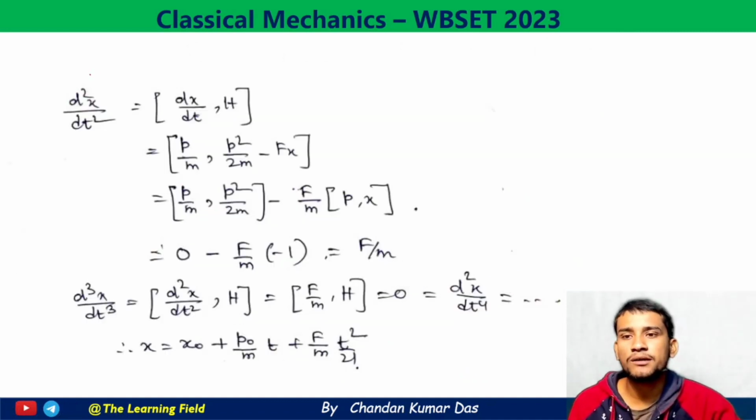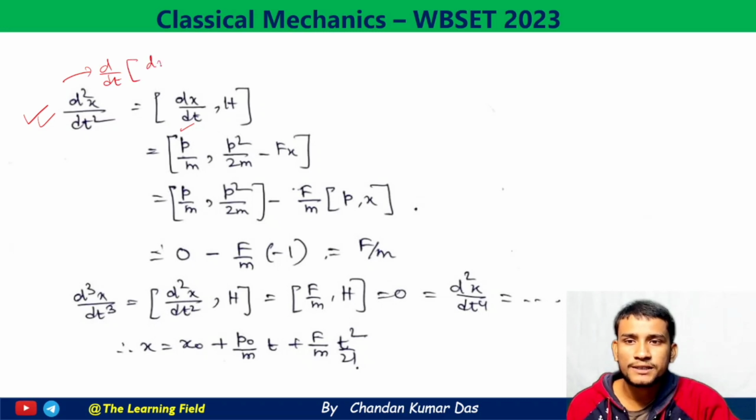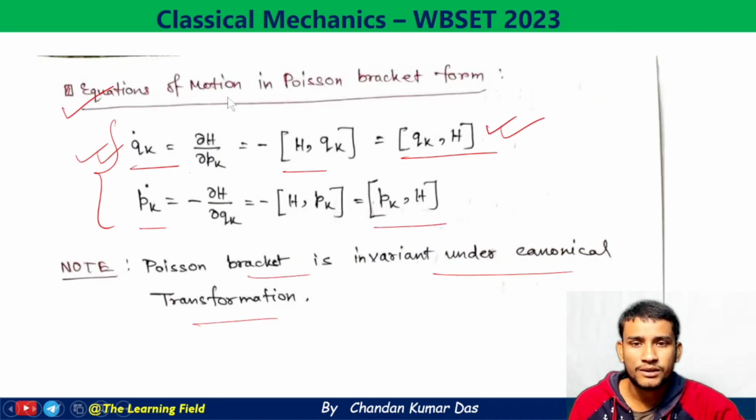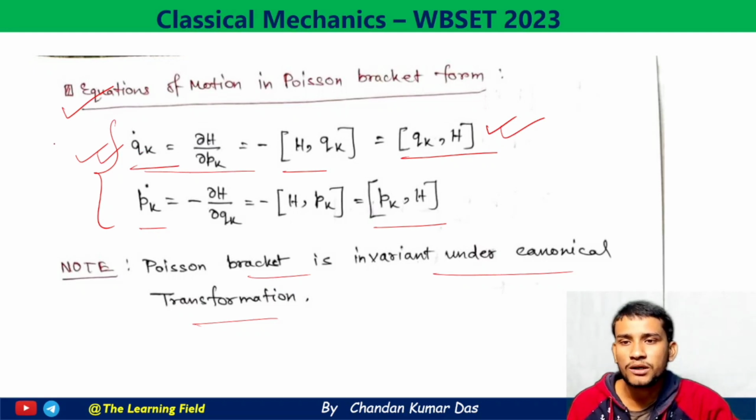Now similarly we calculate the d2x dt square. Here d2x dt square means we can write d dt of dx dt, and d dt of some term is equal to [term, h] from the above given equations. This one, qk dot, means del t of qk, this is equal to [qk, h].